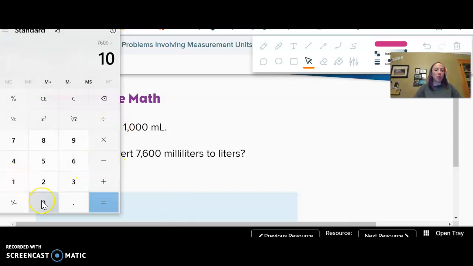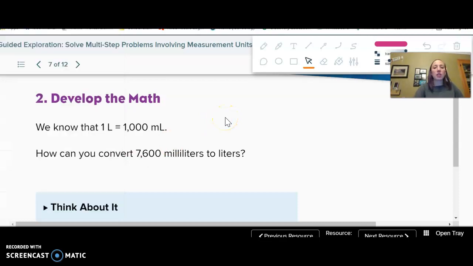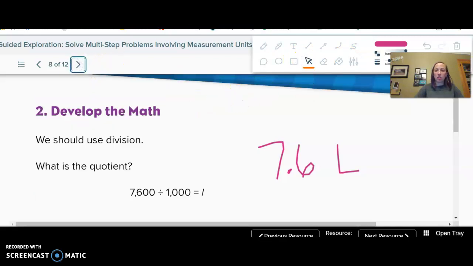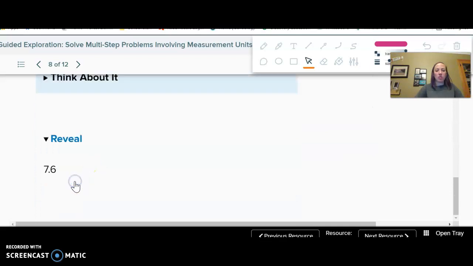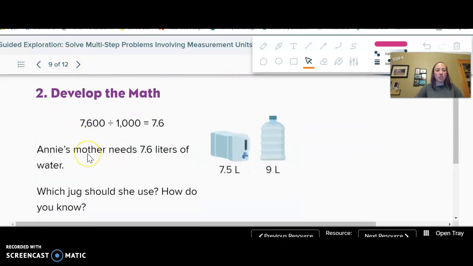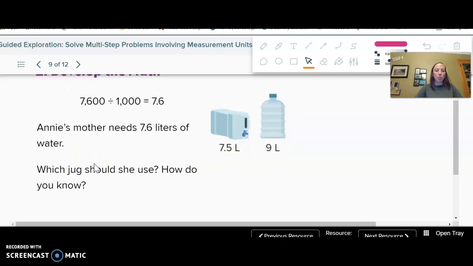Divided by 1,000. So 7.6 liters is how many liters of water Annie's mom needs. Right, 7.6. So Annie's mother needs 7.6.